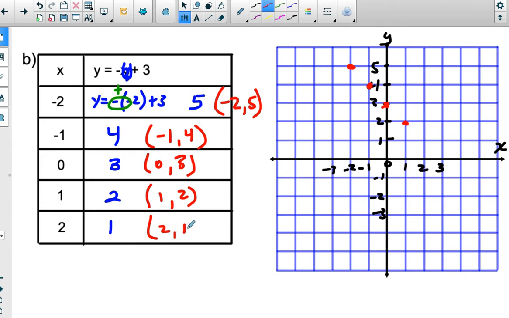And 2 and 1. I think these last two are good examples of why we have to make sure that we're always doing x comma y. If we mix them up, we'd end up plotting these in the wrong spot. Once again, we can see that there is a relationship because it forms a line, and in fact this is a linear relationship.